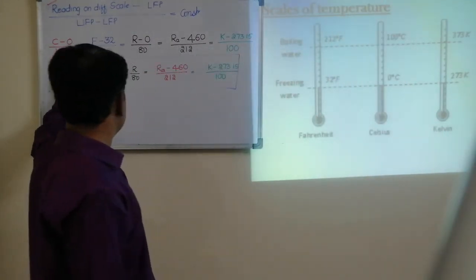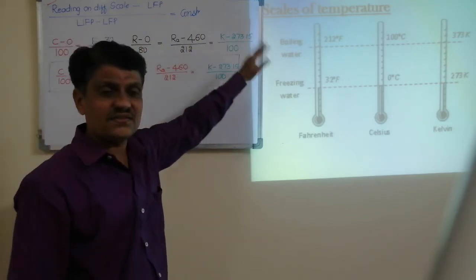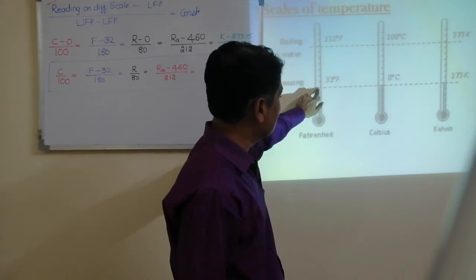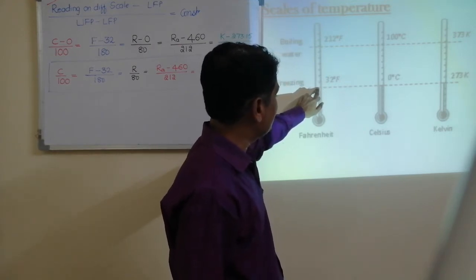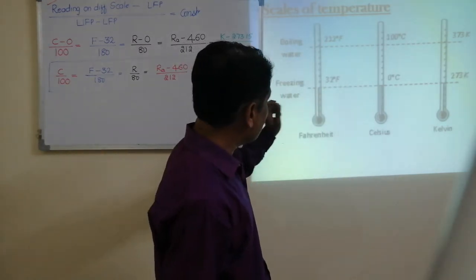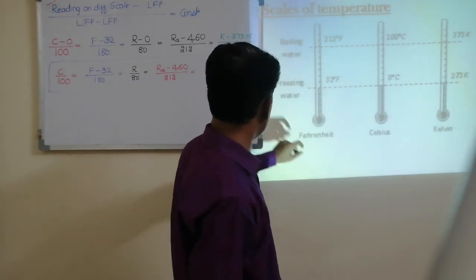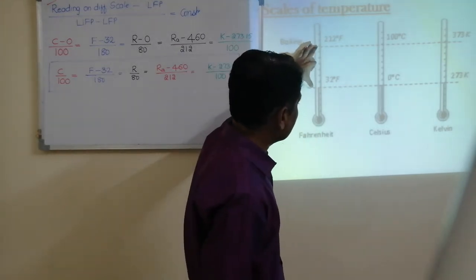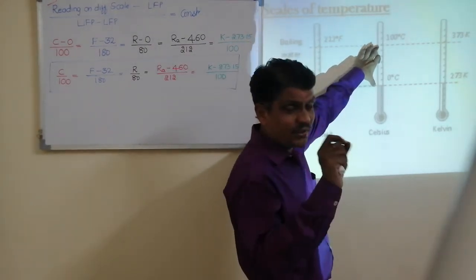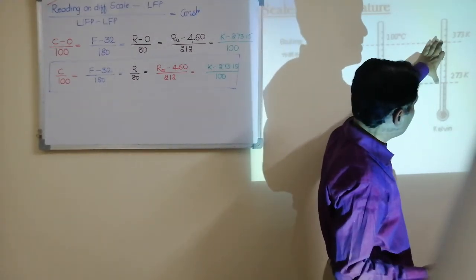Whether it is a Celsius scale, Fahrenheit scale, Reaumur scale, Rankine scale or Kelvin scale, the amount of heat energy required to raise the temperature from here to here remains the same. But in case of Fahrenheit scale, when we provide heat energy, how many divisions does it rise? 180. In Celsius, how many divisions does it rise? 100. In Kelvin, it is also 100.